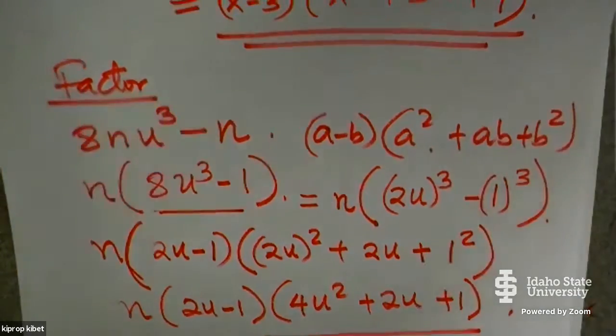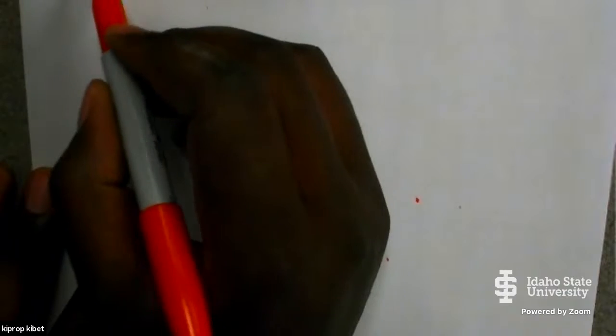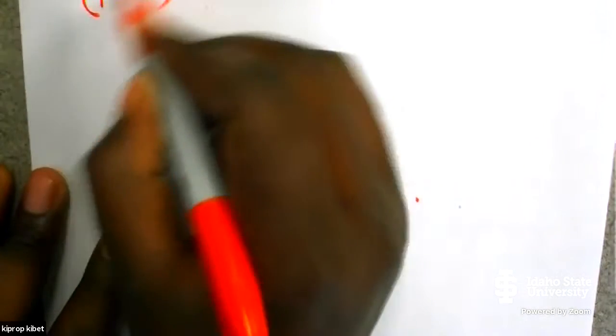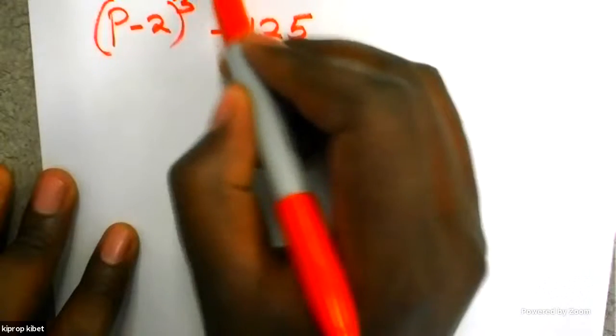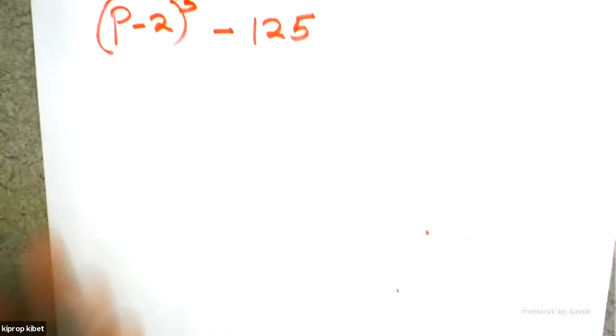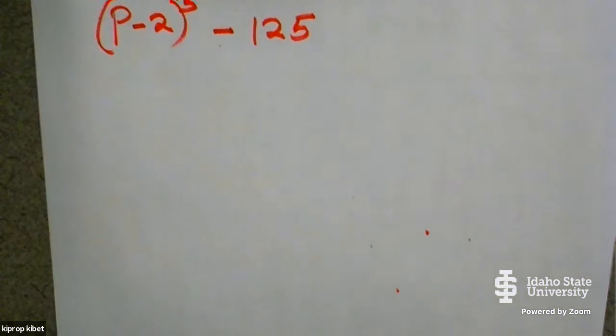Okay, so another example. Now, if we are given p minus 2 cubed minus 125, factor it.